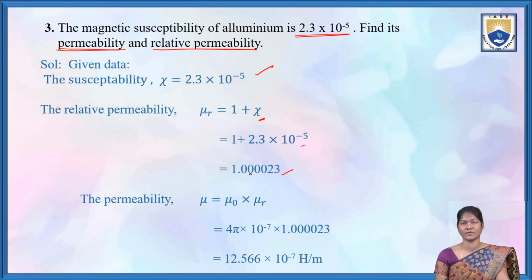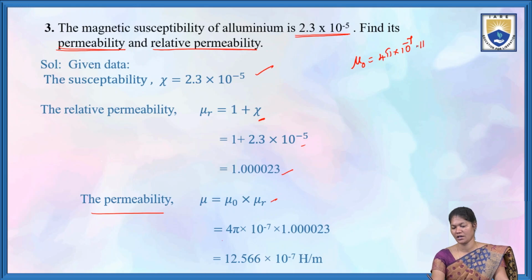So calculating this we will get 1.000023. Then to calculate permeability, mu is equal to mu naught into mu r. We know that mu naught value is 4 pi into 10 power minus 7 Henry per meter. So pi value is 3.14.